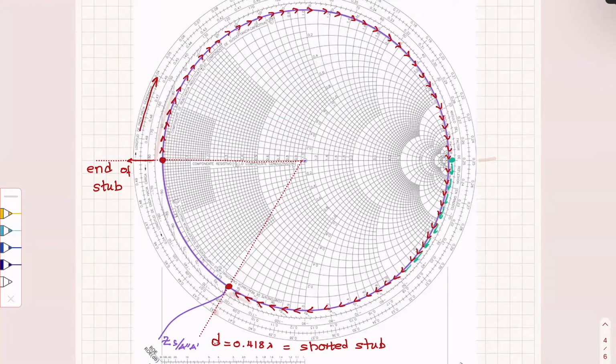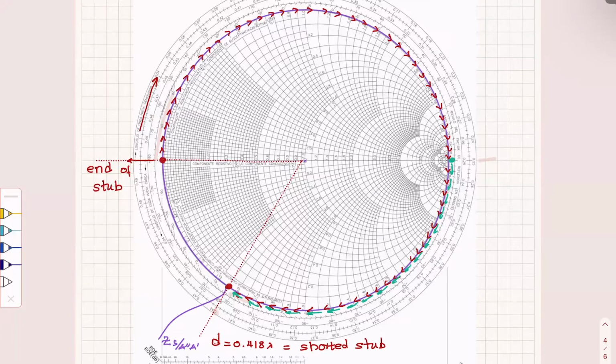Sometimes having a very long stub is not a good idea. Why is that? Because a long stub of a microstrip, especially if it goes close to a wavelength, is going to start radiating like a small antenna. And so even if you're not going to have losses, having a stub which is close to 0.5, you're going to lose a lot in radiation, and radiation is also going to create crosstalk coupling to other microstrip sections.